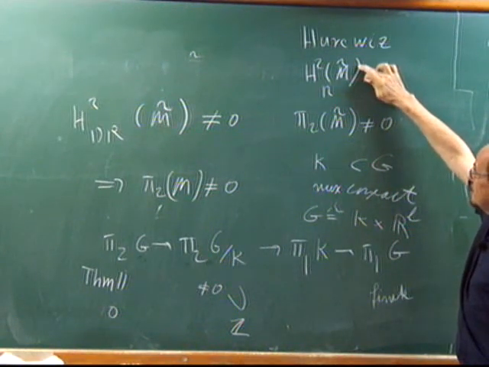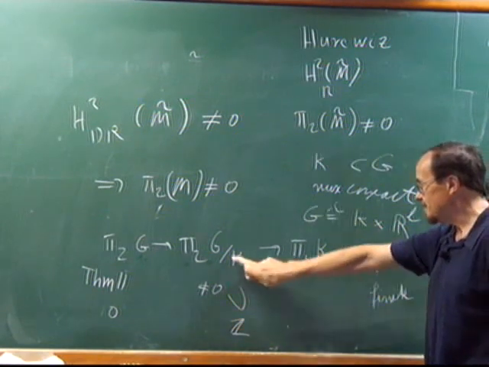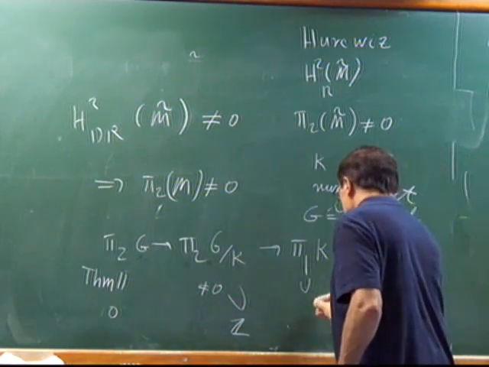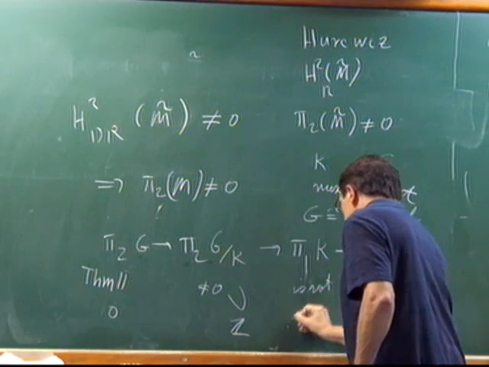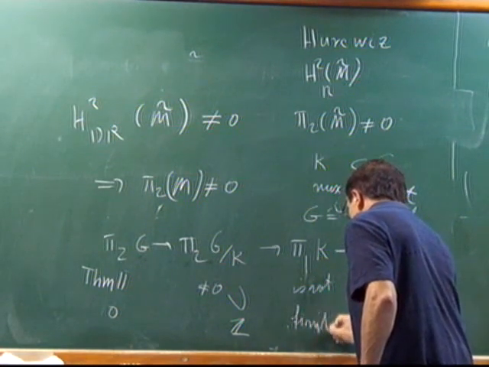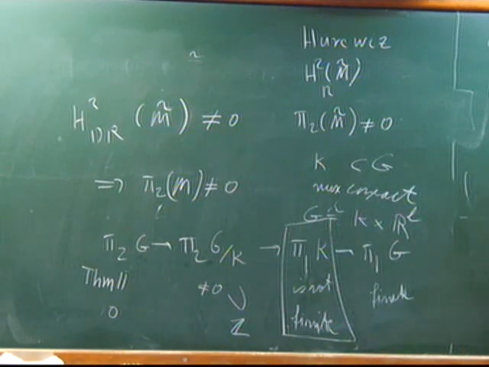This contains an integer, therefore this does. So this can't be finite. Pi 1 of K is not finite. But if K was a compact semi-simple Lie group, pi 1 would be finite. Therefore, it cannot be semi-simple. That's the proof of this.